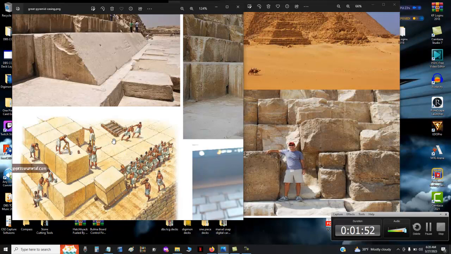It has the ramp block cut, like the slanted 45-degree cut, on the back of it, which makes it possible that they used these as ladders, and the 45-degree angle cut will make it where the ladder would be at a 45-degree angle, right? So that way you can climb.